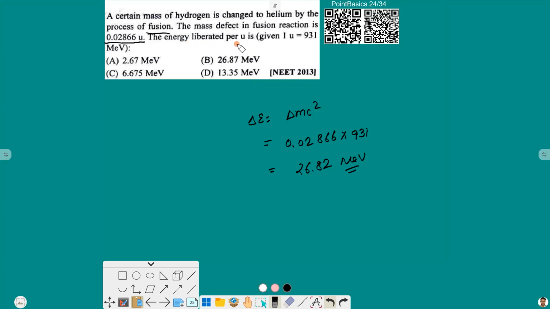Now we need energy liberated per U. I think it should be per nucleon; there is probably a misprint, a typing error. So energy liberated per nucleon will be equal to 26.82 divided by the number of nucleons in the final daughter element, that is helium, which has 4 nucleons, so divided by 4, and that will be equal to 6.67 MeV. That is option C for us.